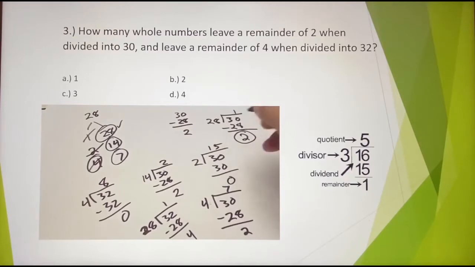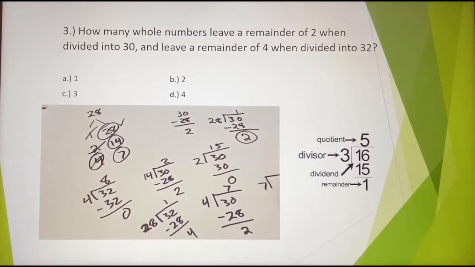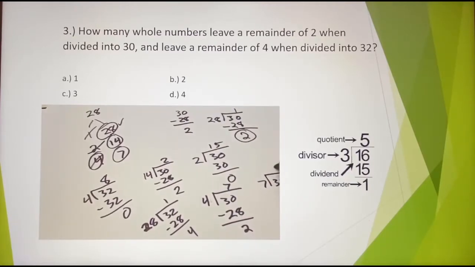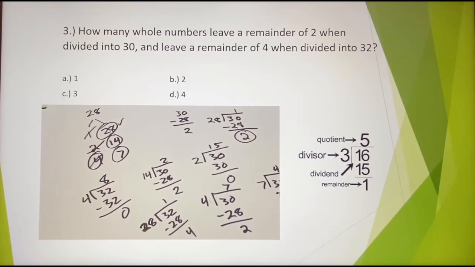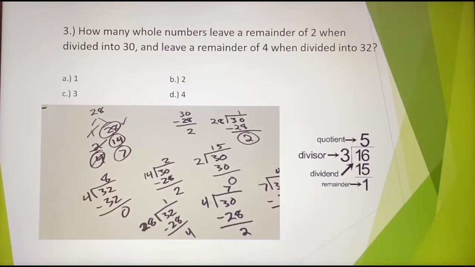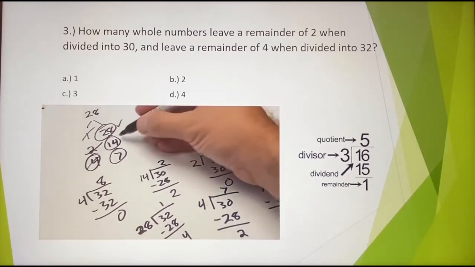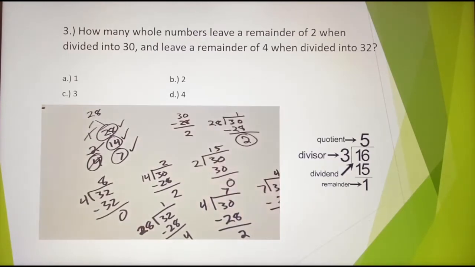If I did 7, it goes 4 times with a remainder of 4. So 28, 14, and 7 are going to be the only whole numbers that we can divide into 30 with a remainder of 2, and divide into 32 with a remainder of 4.